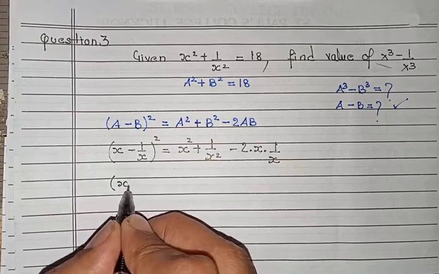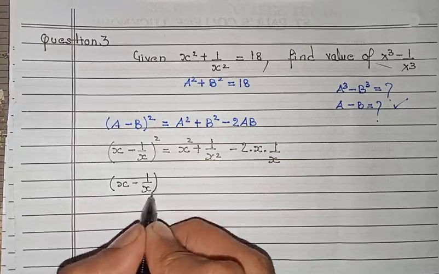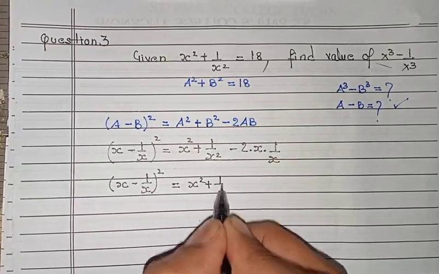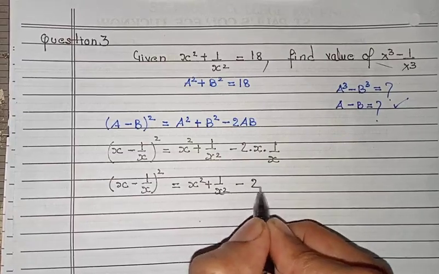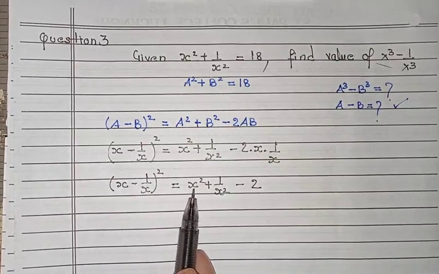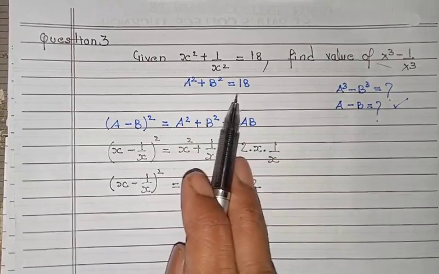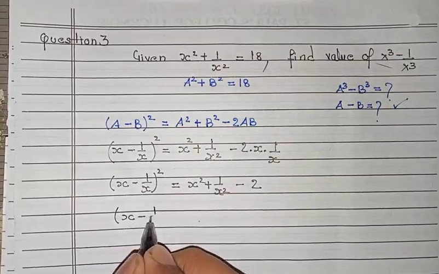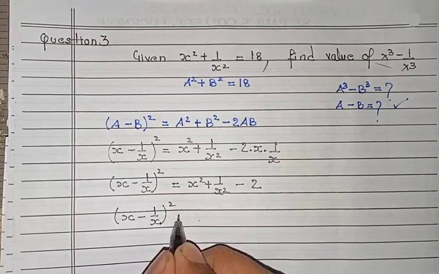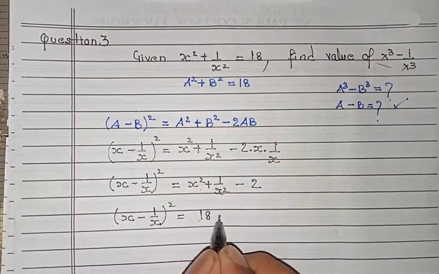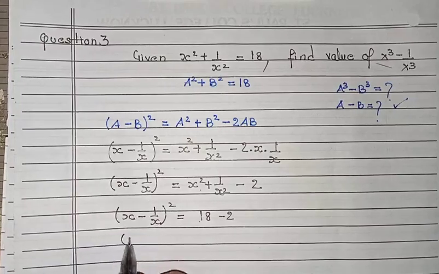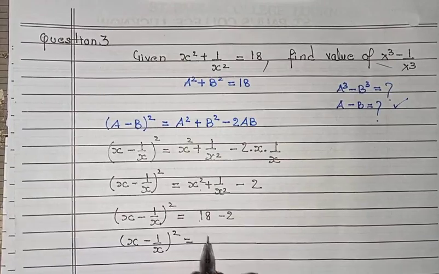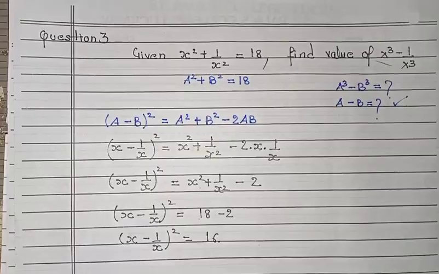So you will be getting x minus 1 upon x whole square is equal to x square plus 1 upon x square minus 2. Okay, now x square plus 1 upon x square is known to us as 18. So this will be written as 18 and then minus 2. So x minus 1 upon x whole square is equal to 16.